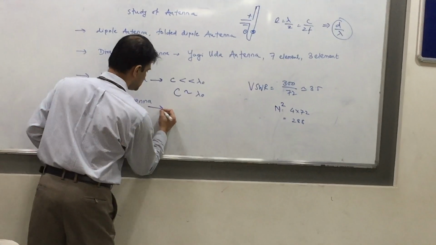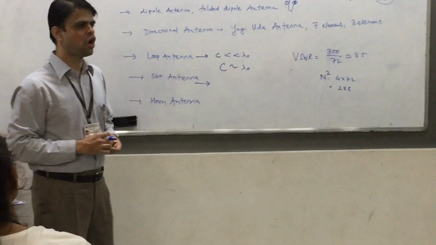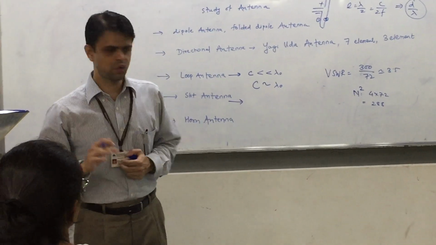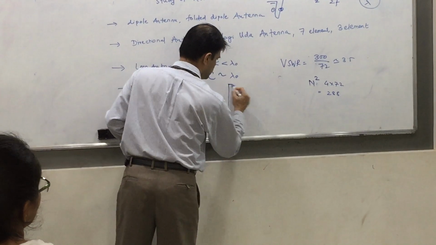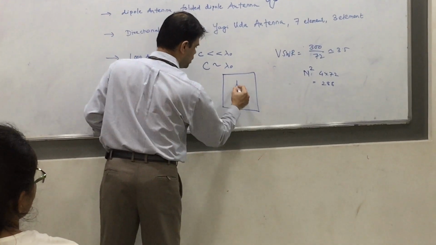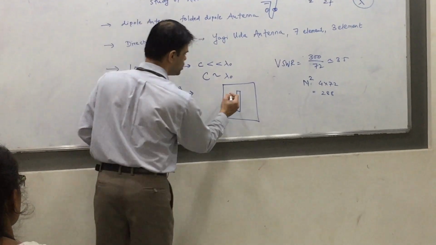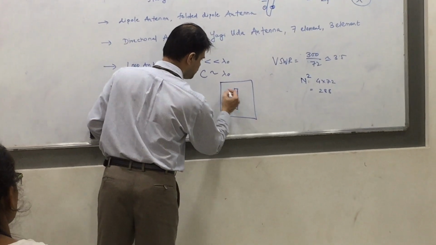Then next is a slot antenna. A slot antenna is basically a complementary of a dipole antenna. If you try to draw the geometry, a slot antenna will look like this. This is a slot which is fed on the 2 ends.